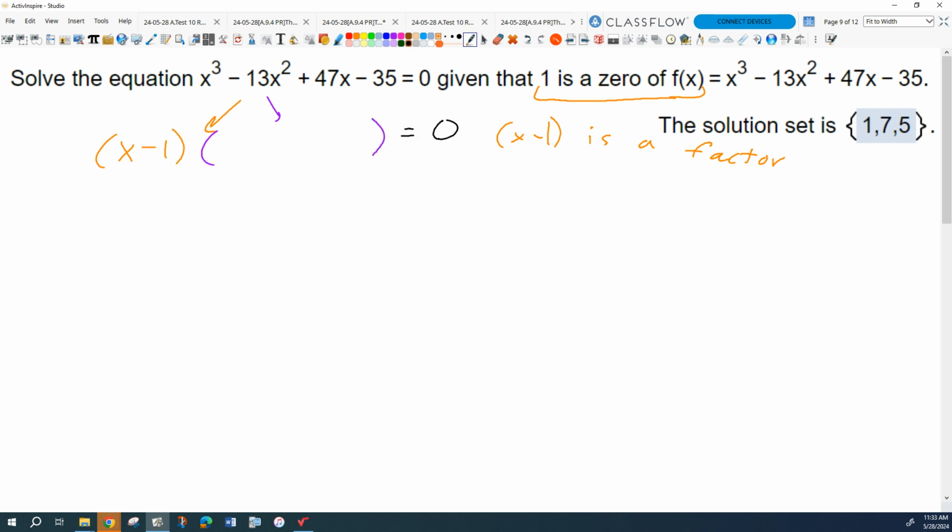So if I take my original polynomial and I use synthetic division to divide by x minus 1, what number goes out front then? 1. Yep, because 1 is the 0 that goes with the factor x minus 1. And the number that goes out front is always the 0 of what I'm dividing by, the denominator. So what's the top row in my synthetic bracket then? 1.